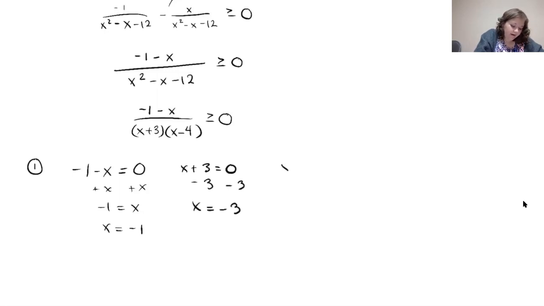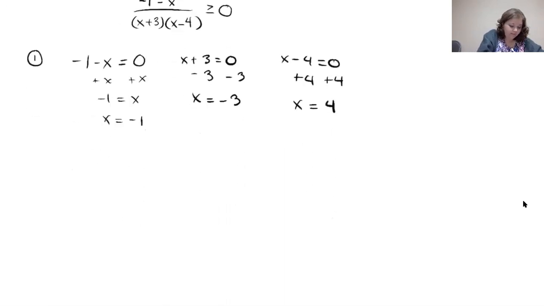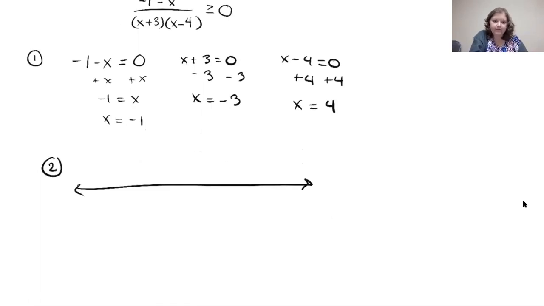And then x minus 4 equals 0, add 4. And we get x equals 4. So now we go on to step 2. And we put those numbers on the number line in the correct order. So we'll do -3, -1, and 4.